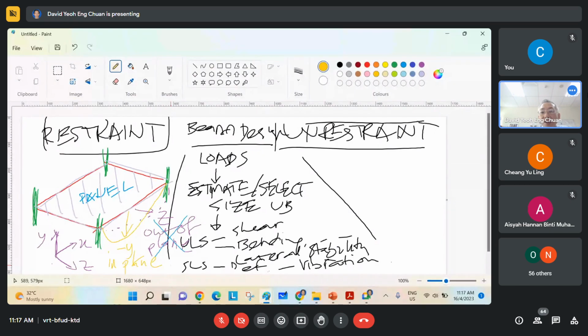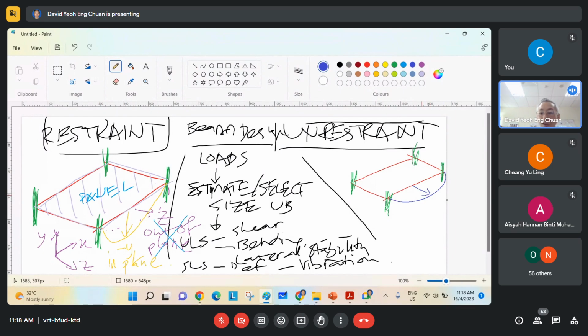Now let's look on the other side, on the right side. Again, this time there's no slab on the top. What's going to happen is it's going to deflect outward.